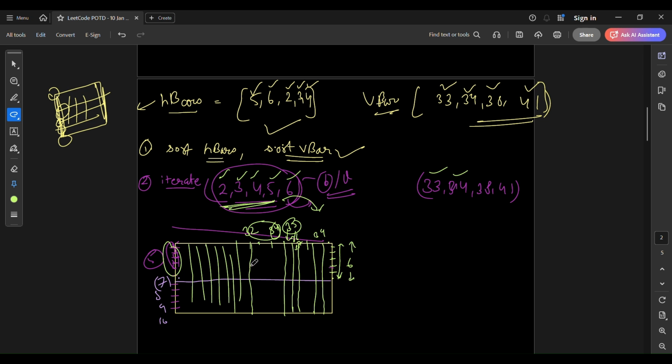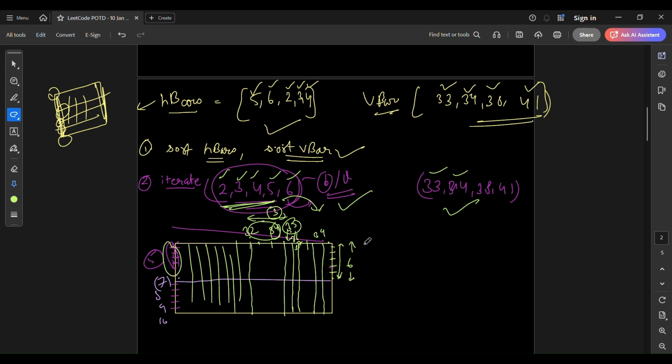Okay. What is the maximum length that can be formed by removing the vertical lines? That is from 32 to 35, and that is 3. And if you see clearly, we have gone to the maximum consecutive numbers that are coming in these two vectors.